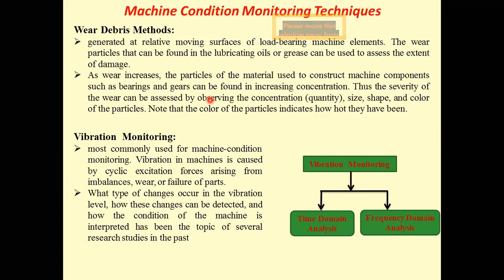And the fifth technique, the most important technique, is vibration monitoring in case of condition monitoring. This vibration monitoring technique, or vibration analysis, is the most commonly used method for machine condition monitoring.